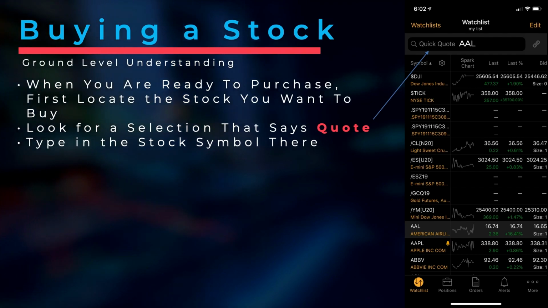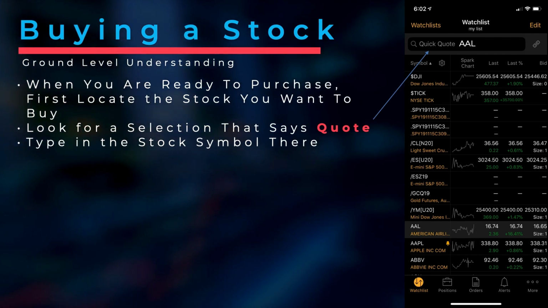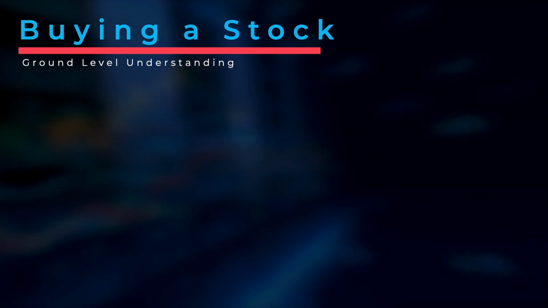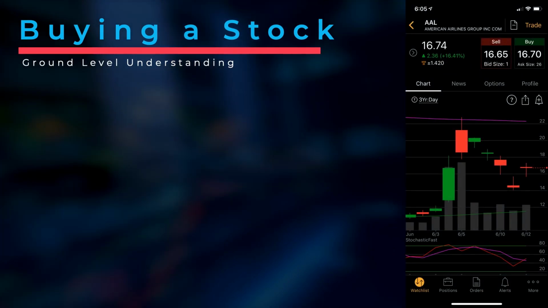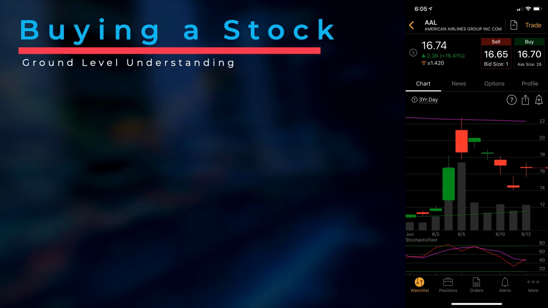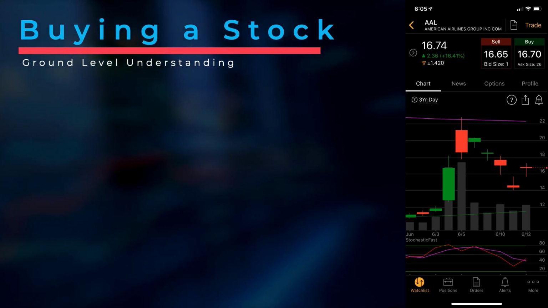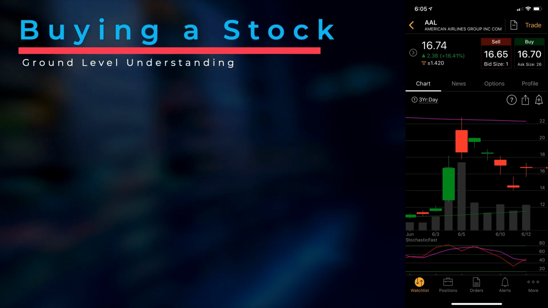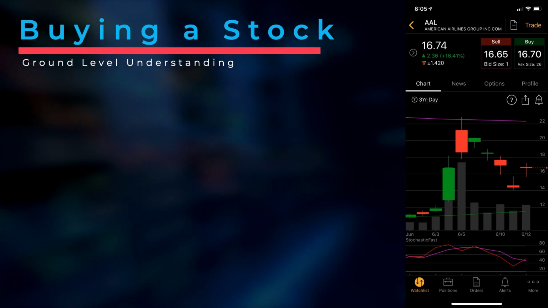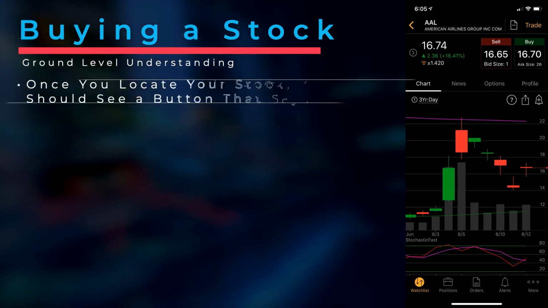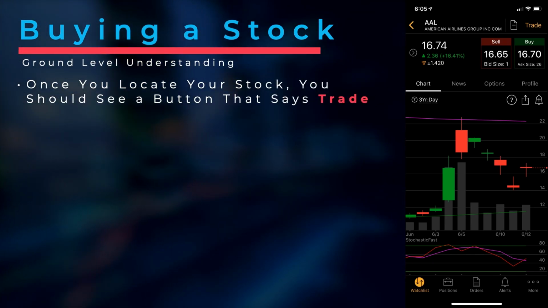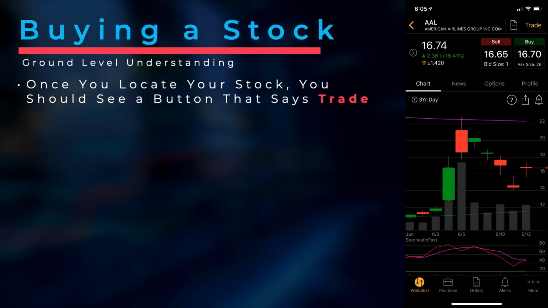So you're going to type that into the quote box and hit enter. That is going to take you over to the actual information of the company. And you can see here, we have all the information about that particular stock, the stock price and everything like that right there. Once you locate your stock, you're going to see a button somewhere on the screen that says trade.